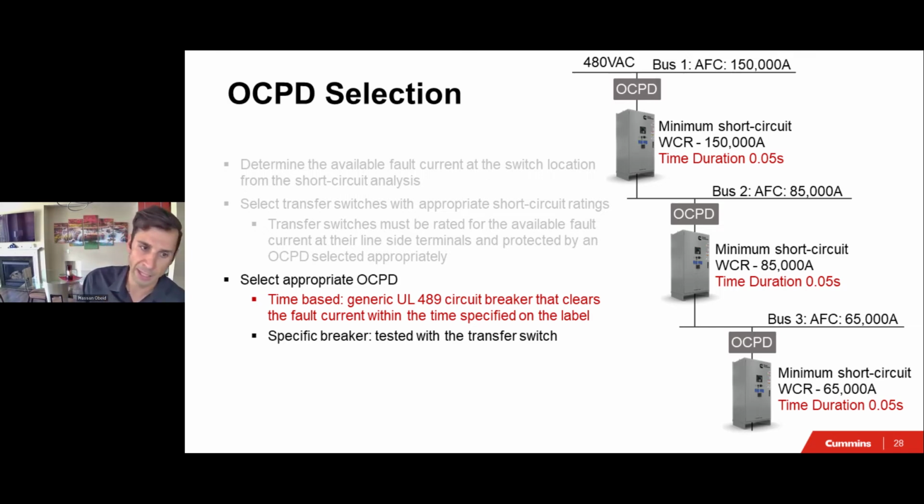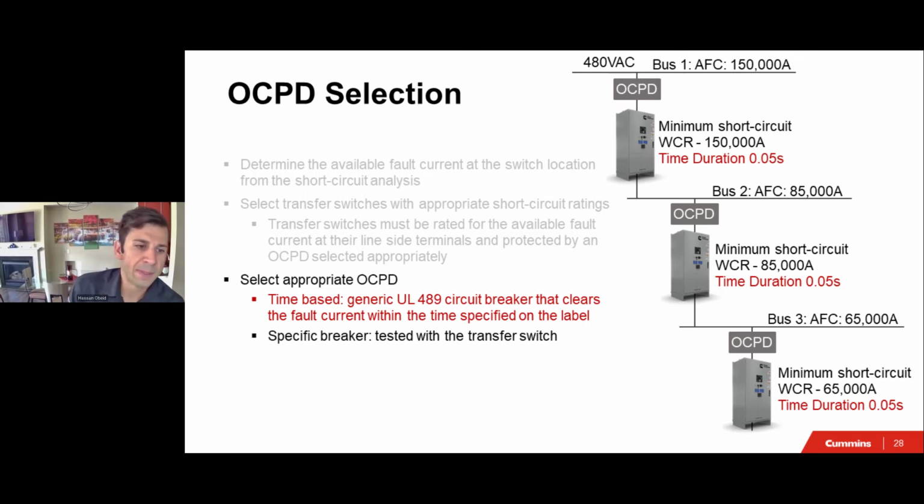We can't just apply any breaker. It has to be able to withstand and clear that fault, and it needs to clear that fault within that time duration, because this transfer switch, here at 85,000 amps, can handle that entire duration of 0.05 seconds.